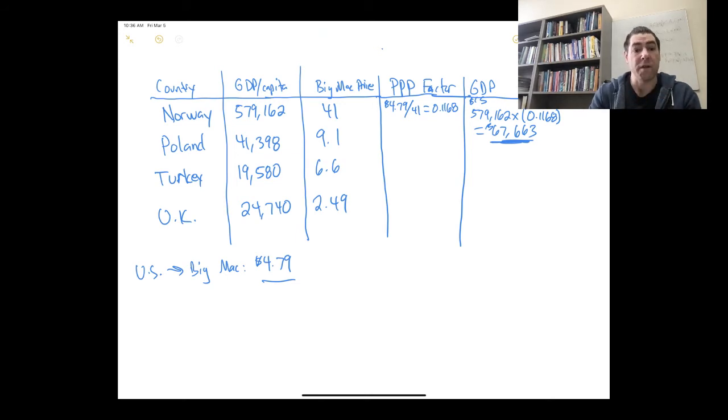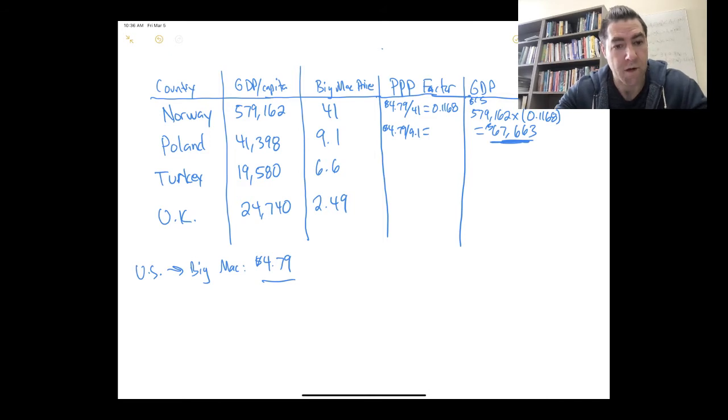And then we would continue along this way. So for Poland, we're going to take the 479 divided by the 9.1. So it's 479 divided by 9.1, which amounts to, I got 0.5264.